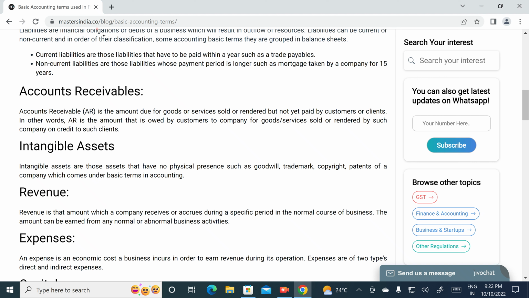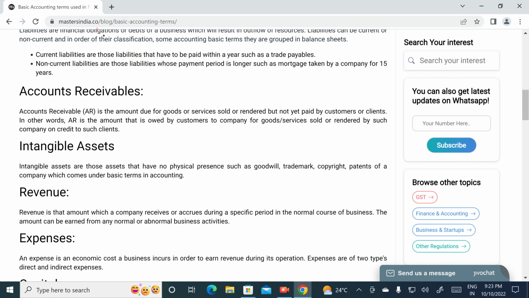It may be after a week, after 15 days, or after 1 month. During this period, she is known as my debtor. She has to pay me the money back. So this is known as the receivable.